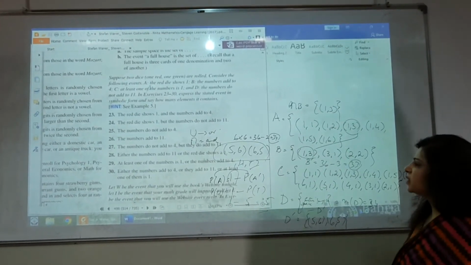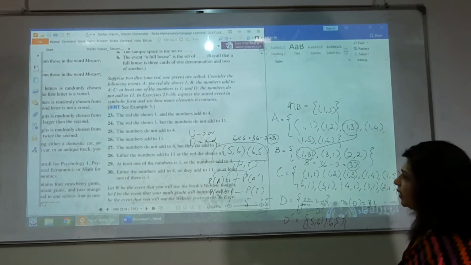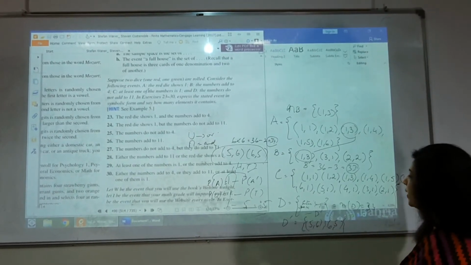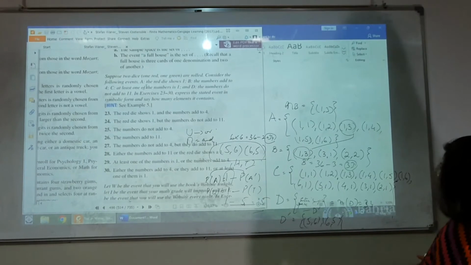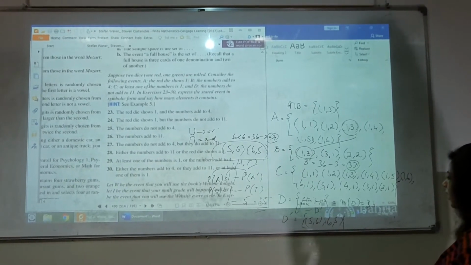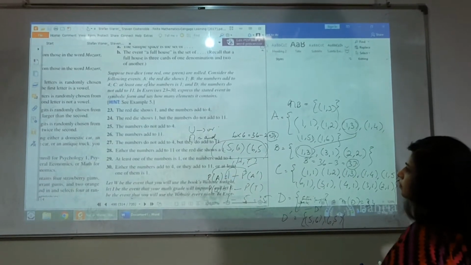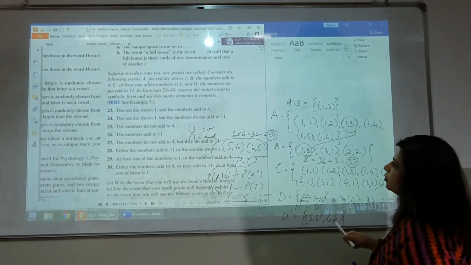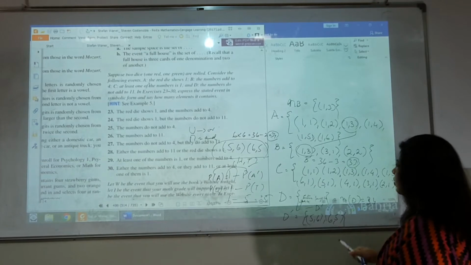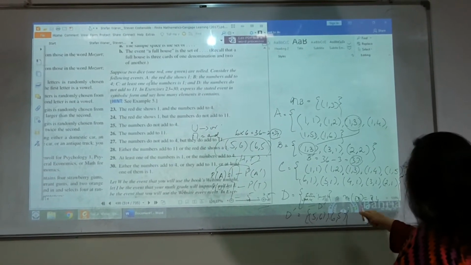Now, next part, question 24 says that the red die shows 1, but the numbers do not add to 11. Okay. The red die shows 1. So I think they are basically talking about the D part where they do not add to 11. So this is the entire sample space, and the red die shows 1.